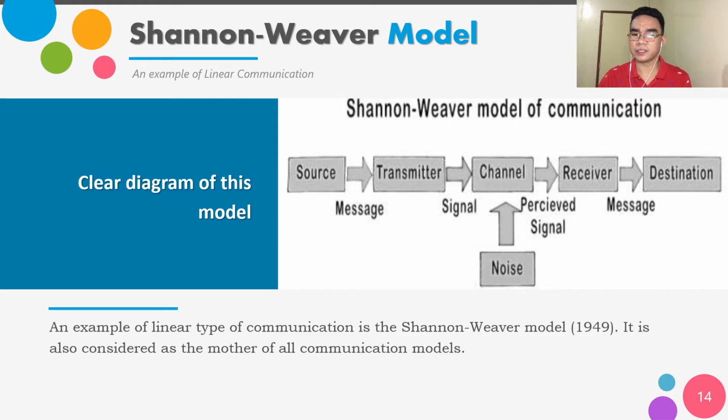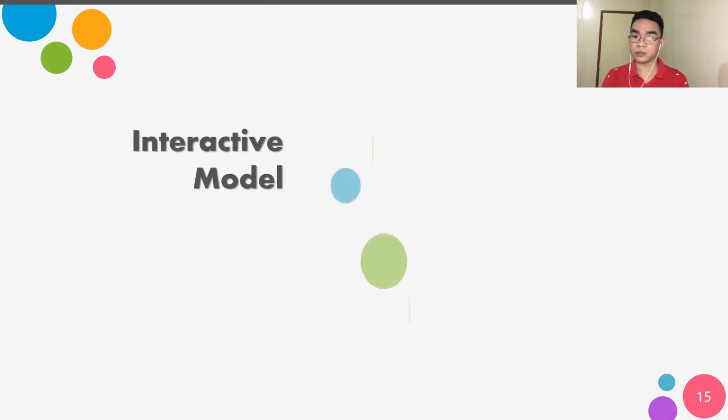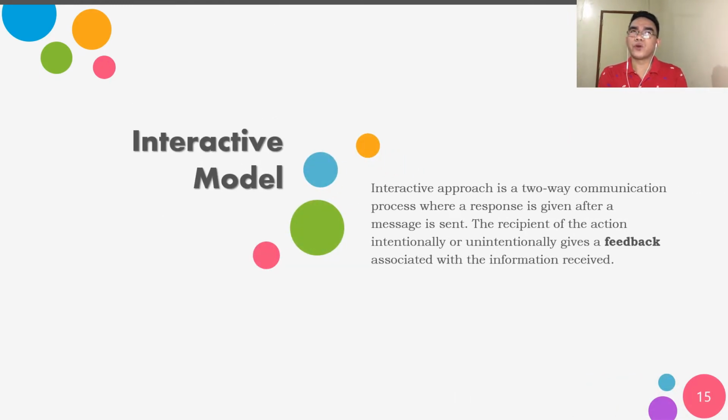Okay, next. The next one will be the interactive model. From the word interactive, meaning there is an interaction, there is an exchange of information from both the sender and the receiver, because it is interactive.